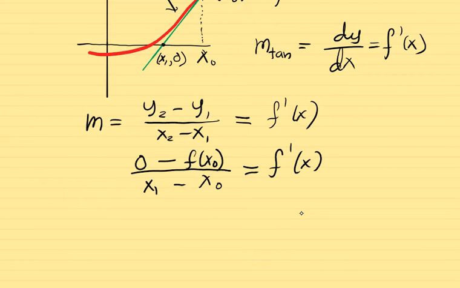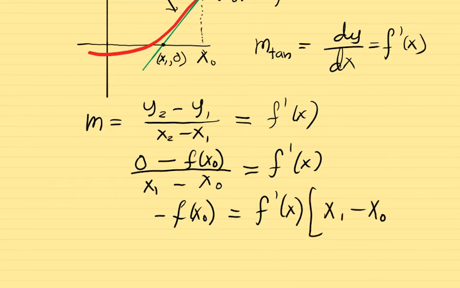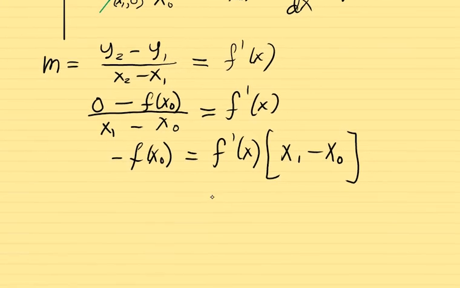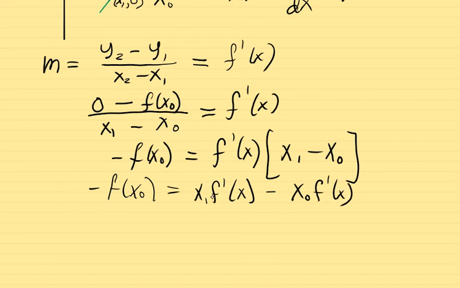So solving for x1, this will be negative f of x0 equals f prime of x multiplied by x1 minus x0. So what we want is x1. We can distribute that to get negative f of x0 equals x1 times f prime x minus x0 f prime x.